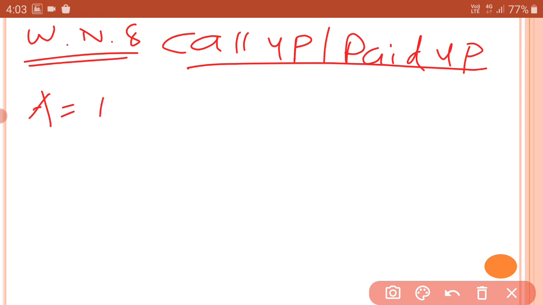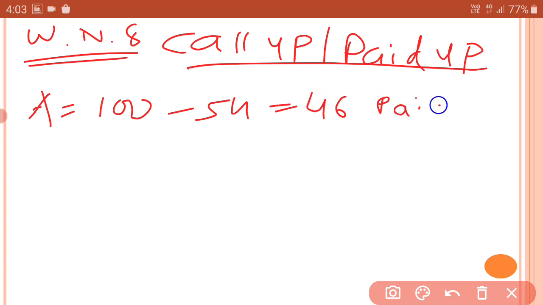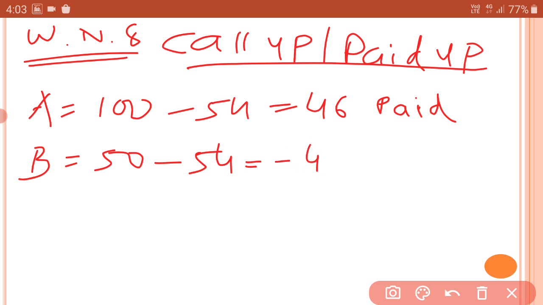A equity shares 100 rupees paid up, then minus 54. 100 rupees is fully paid up, so minus 54, you get the answer 46, and plus answer means paid. B equity share is 50 rupees paid up, so 50 minus 54, you get minus 4 call. Plus means paid up, minus means call.